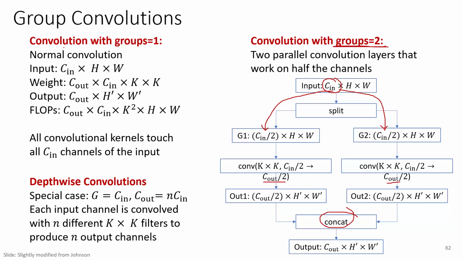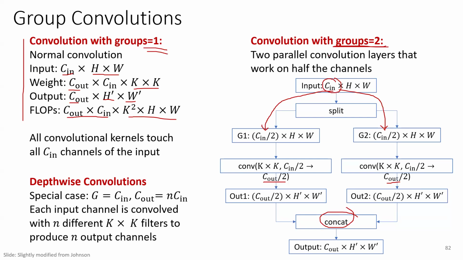If you have convolution with one group, C in H W is the input, weights C out, C in K K, output C out H prime W prime, flops C out C in K squared H W. All convolution kernels touch all C channels of the input if you have just one group.